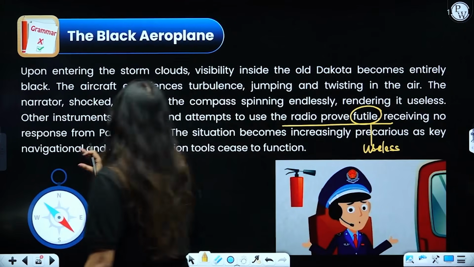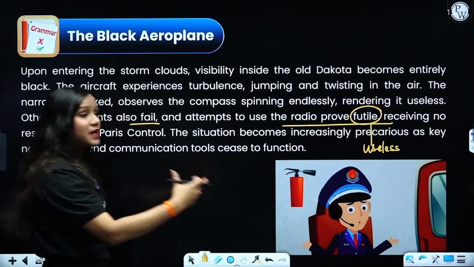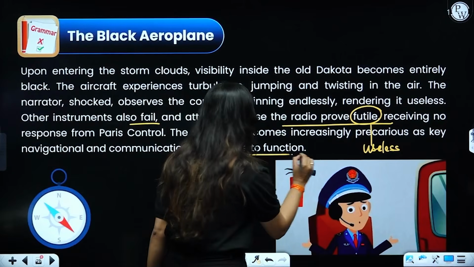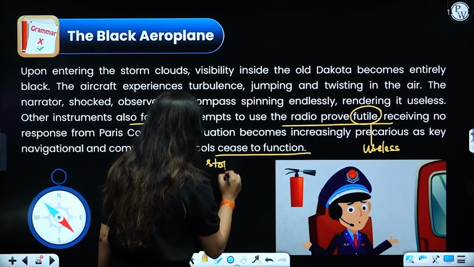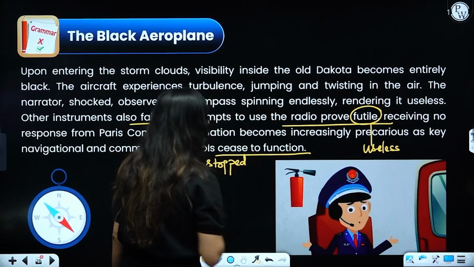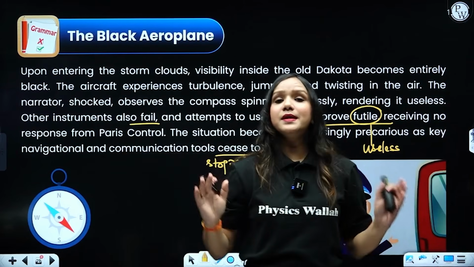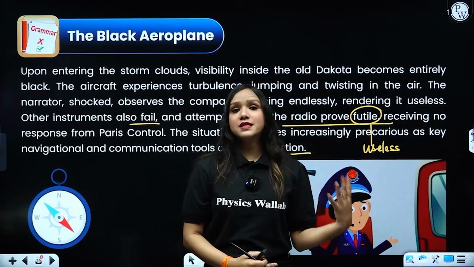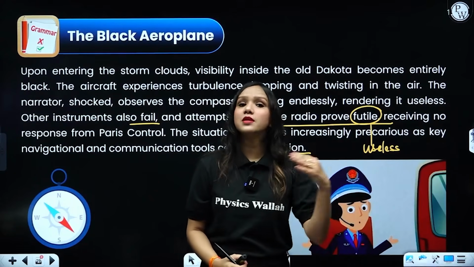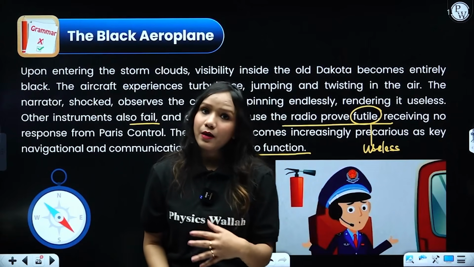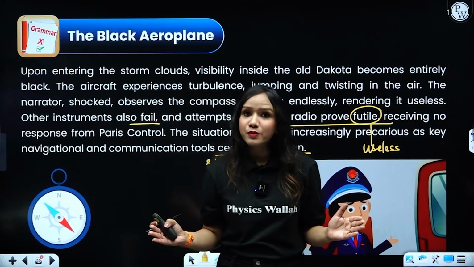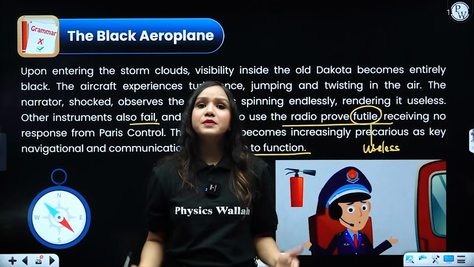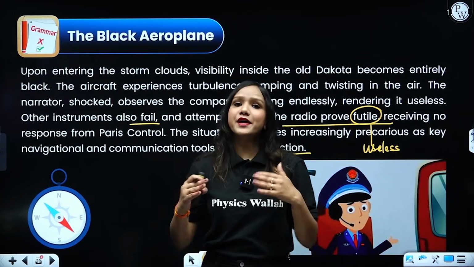The situation became increasingly precarious as key navigational and communication tools ceased to function. Cease means stop. Everything was normal until he got into that stormy weather, and once he decided to take his flight amid those black clouds, which seemed like a big black mountain, all his equipment inside the plane stopped working: his compass, his radio, everything, right?